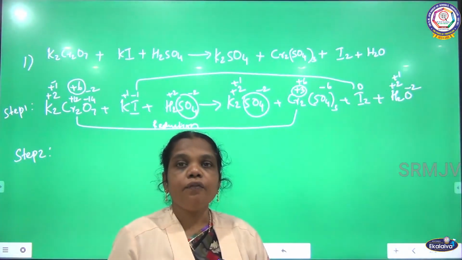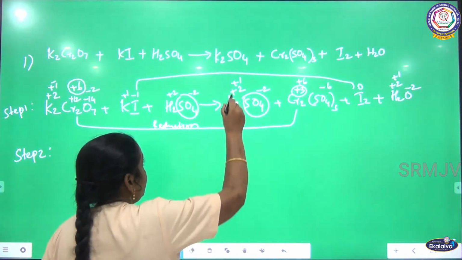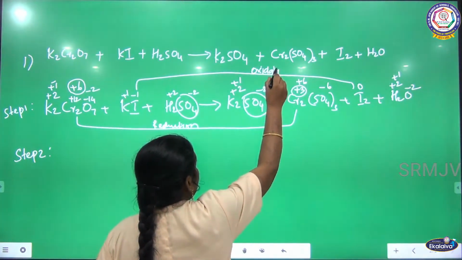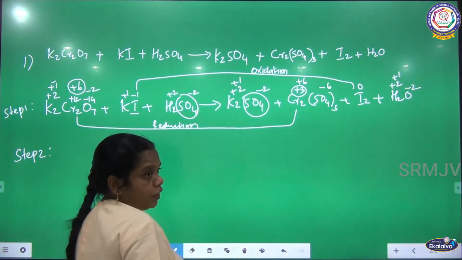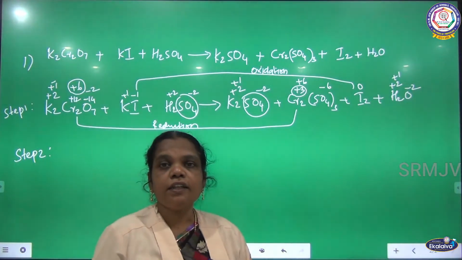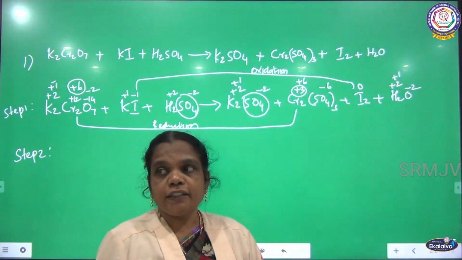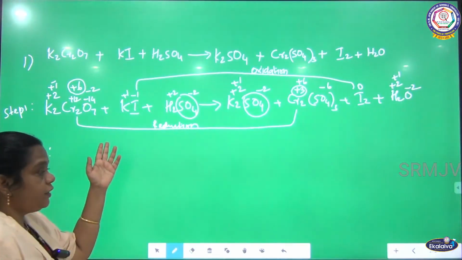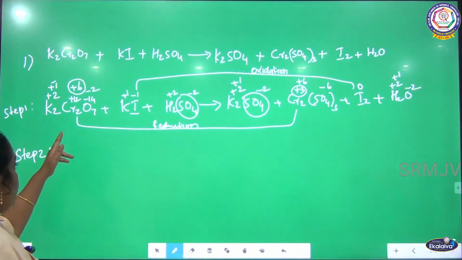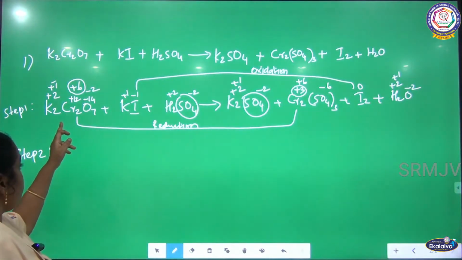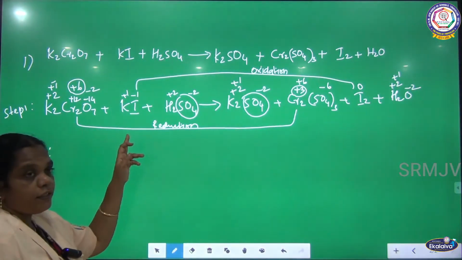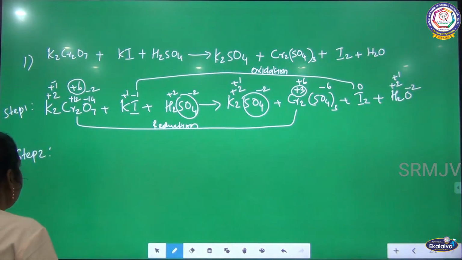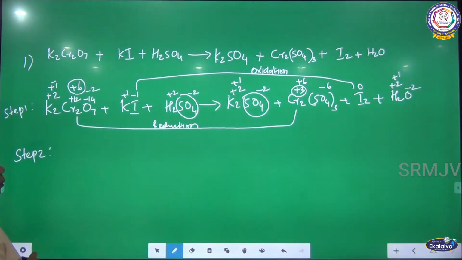Increasing means loss of electrons, so oxidation takes place. So it is a redox reaction: one element undergoes oxidation and another undergoes reduction. You find that out based on the change in oxidation number. So chromium undergoes the reduction process and iodine undergoes the oxidation process.